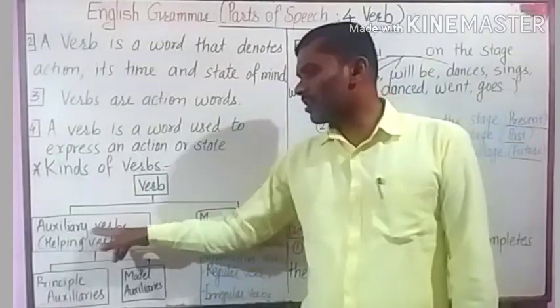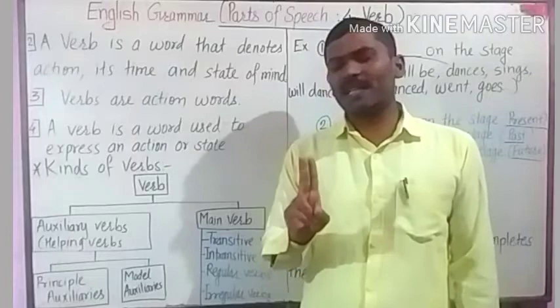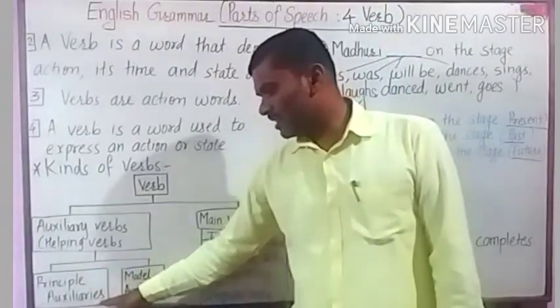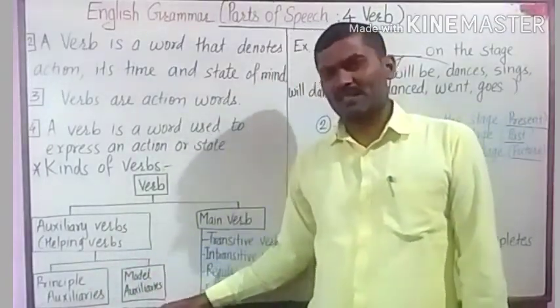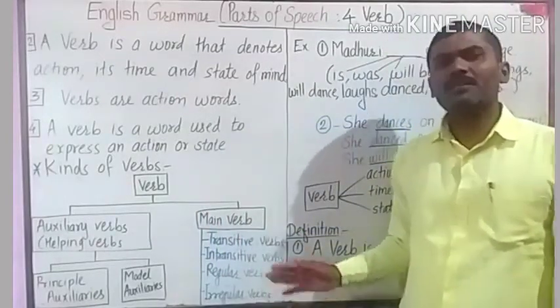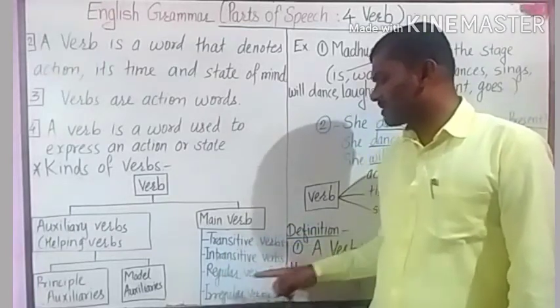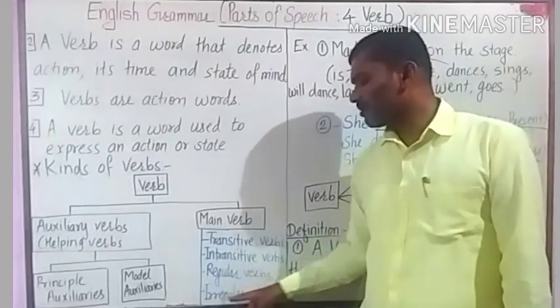The auxiliary verbs or helping verbs are also classified into two categories: principal auxiliaries and modal auxiliaries. And main verbs are also classified into many groups such as transitive verbs, intransitive verbs, regular verbs, irregular verbs.